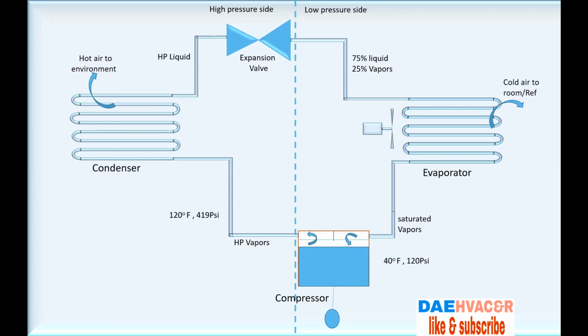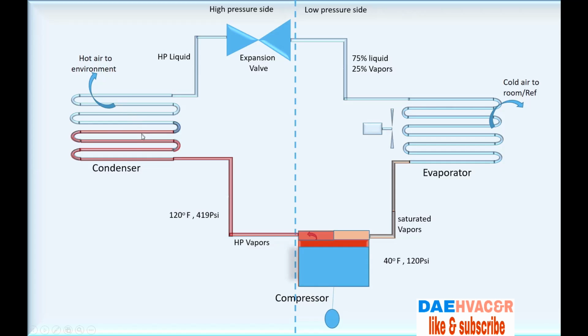In the beginning, the compressor takes saturated vapors and converts them into high pressure, high temperature refrigerant vapors. This red color shows the high pressure, high temperature refrigerant. When this refrigerant moves to the condenser, the condenser removes heat from these vapors.